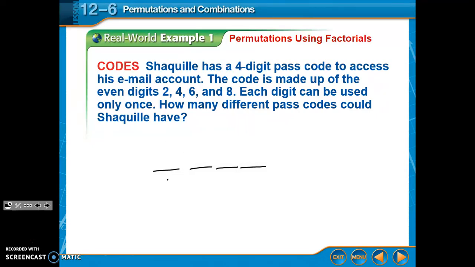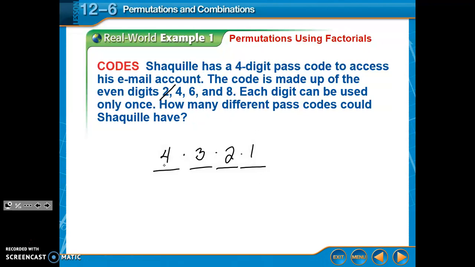Okay, now we first think of what could be in this first spot. How many options are there possibly that could be in this first location? Well, 4, because there's 4 numbers there. Now, when I go to my next number, I only have 3 numbers left. Say I already picked one, that means there's only 3 numbers left. So now there's 3 options for the second position, which means there's only 2 options now for this next one, which means for the last number, there's only 1 option, the only one that's left.